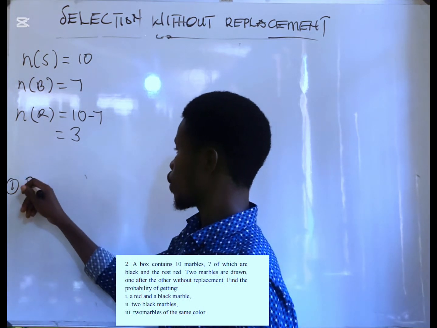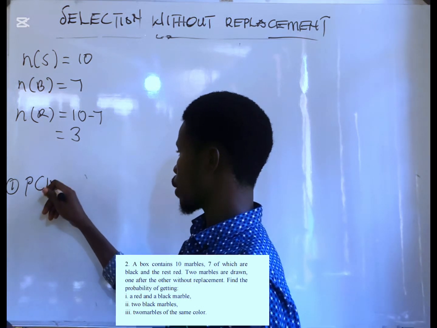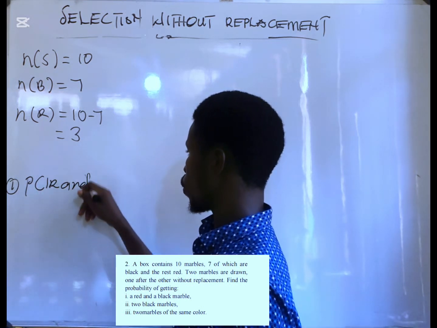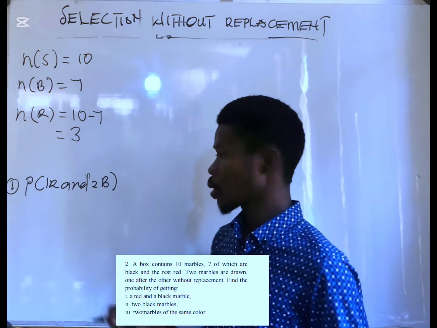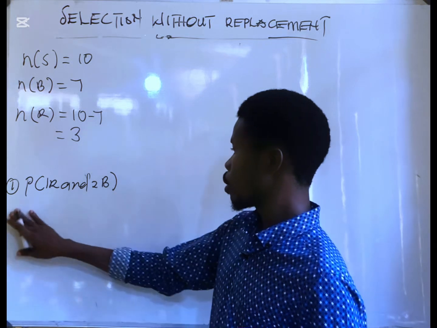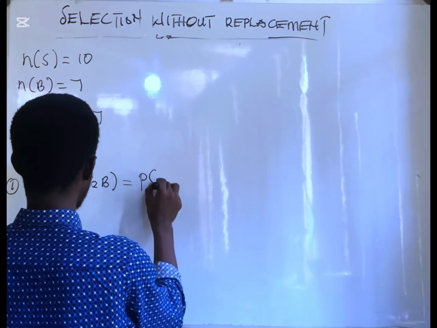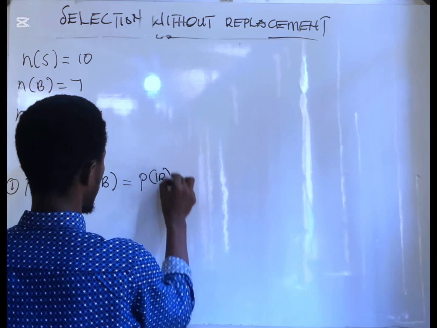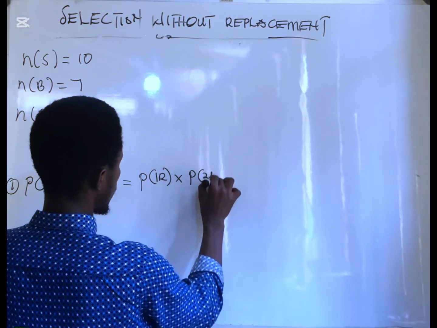So let's say the first one is red and the second one is black. Is that okay? So if you want to do that, the formula for this is going to be the probability of getting first to be red times the probability of getting second to be what? Black.